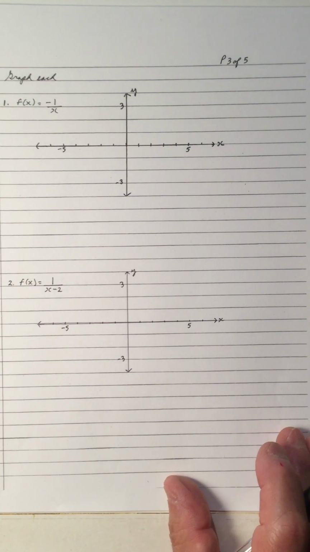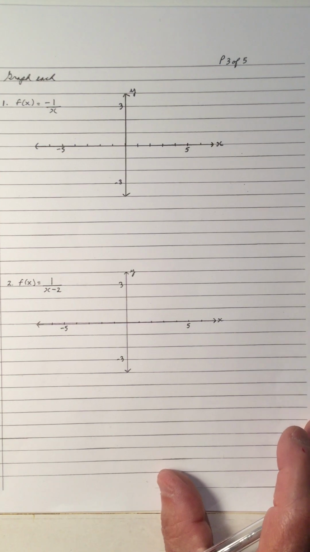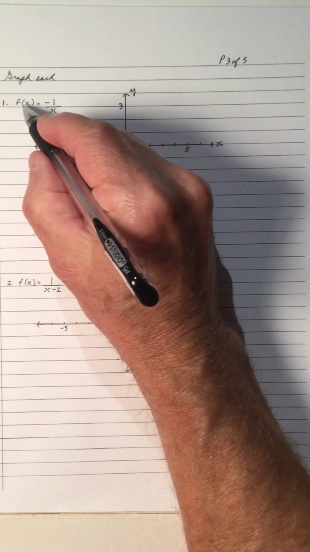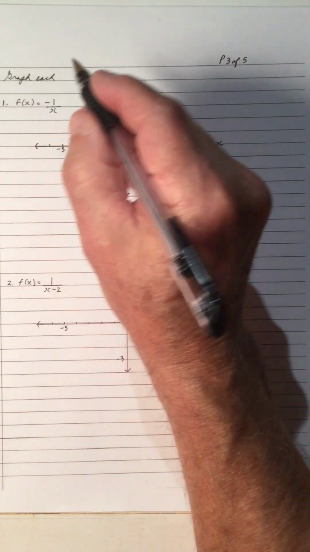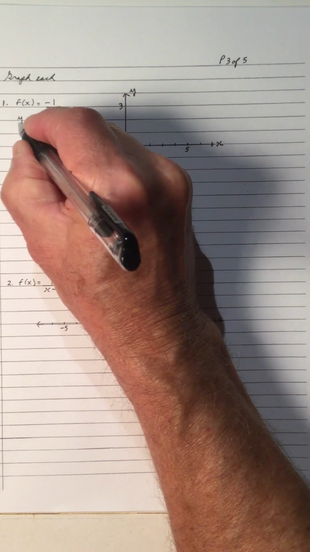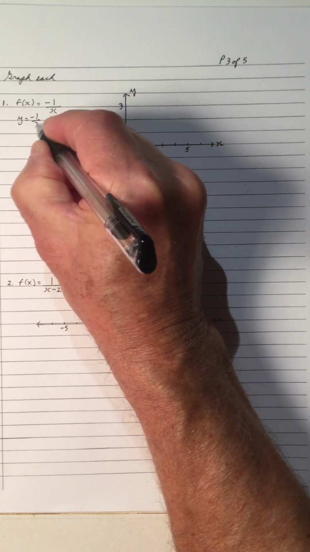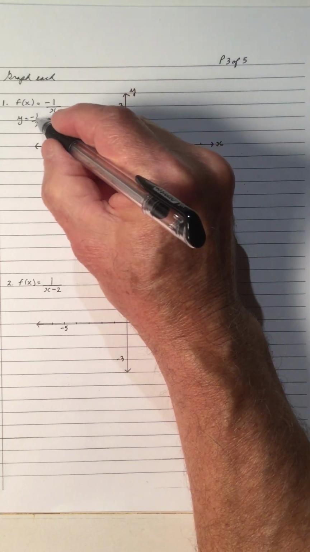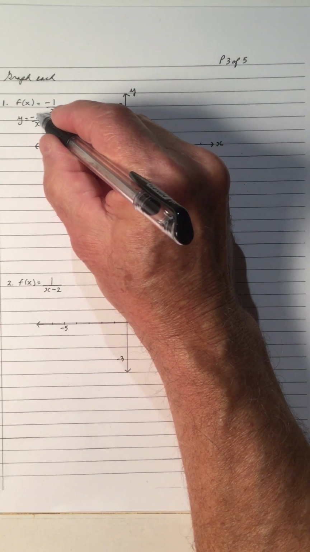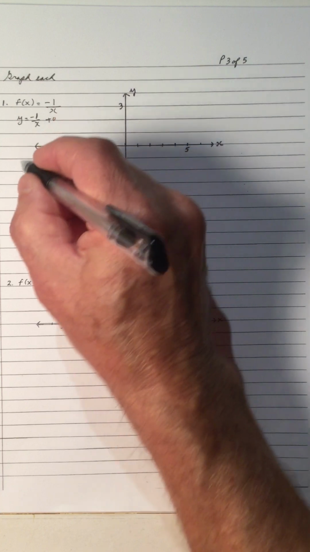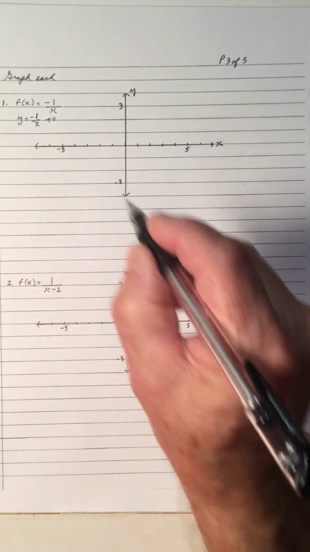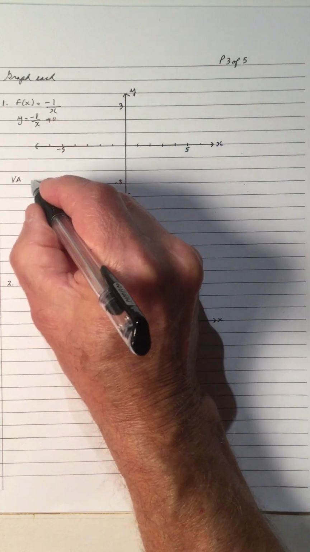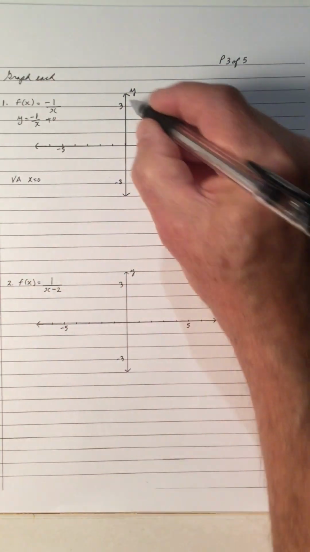So let's do some more examples when it's flipped over, shifted to the left, etc. What about f of x equals negative 1 over x? So the equation is y equals negative 1 over x, again plus 0. We have a vertical asymptote, so x can't be 0, so the vertical asymptote is x equals 0.